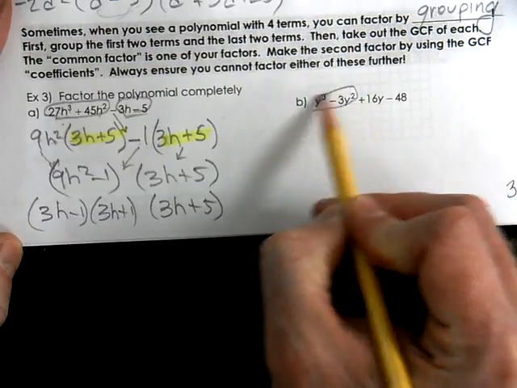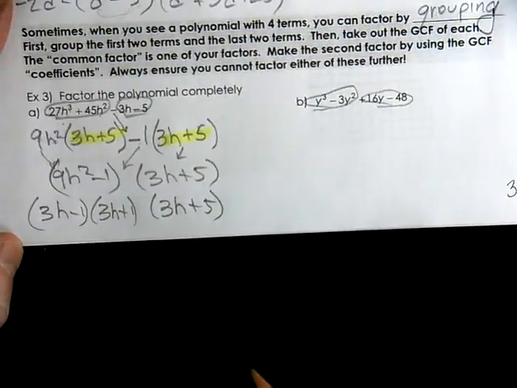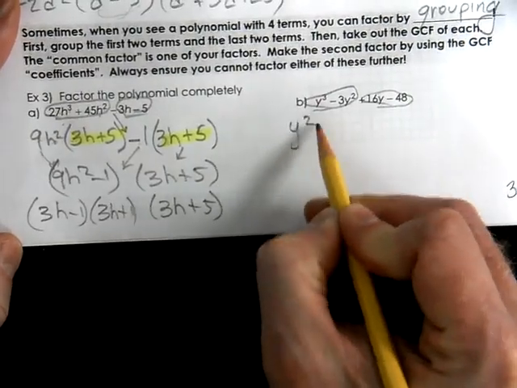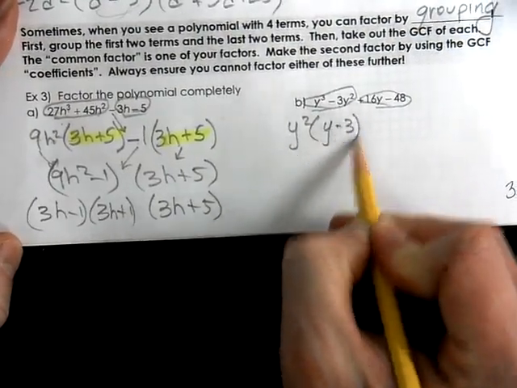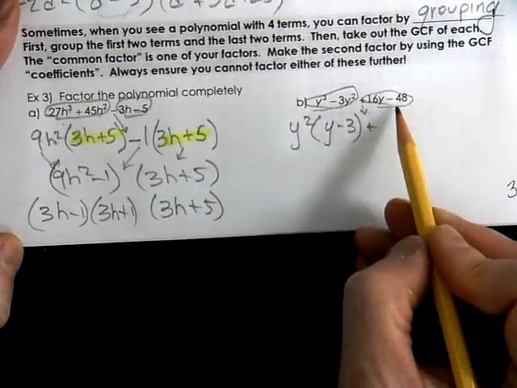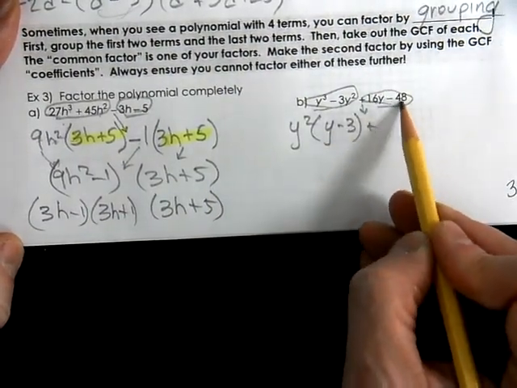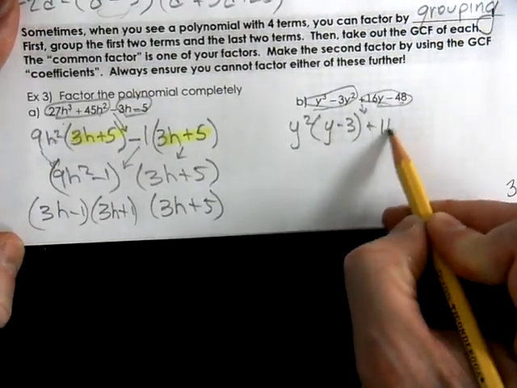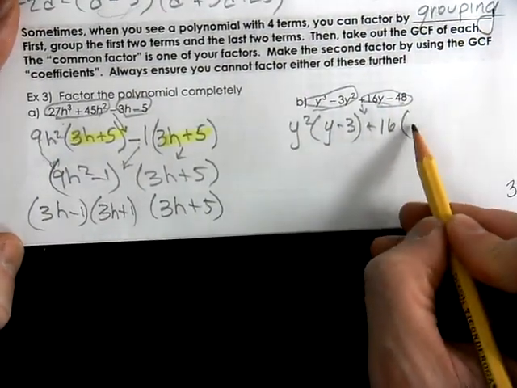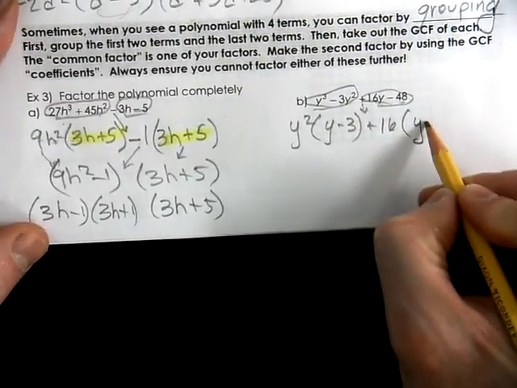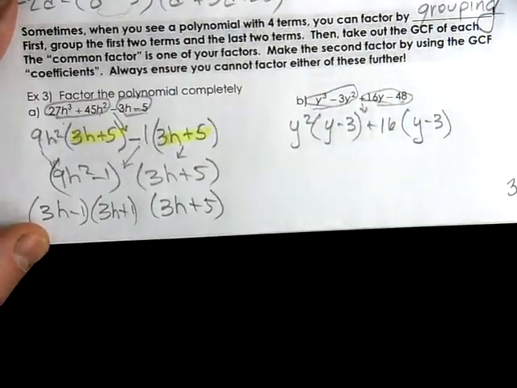So reminder, we factor both groups. Pull out what you can. Bring down your sign. Factor out what you can. 16 times y makes 16y. 16 times 3 makes 48.